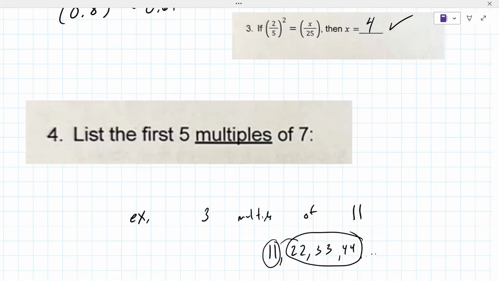No, 15, 35. So 14, 21, 28, 35, and 42. We're good. It's good for me.